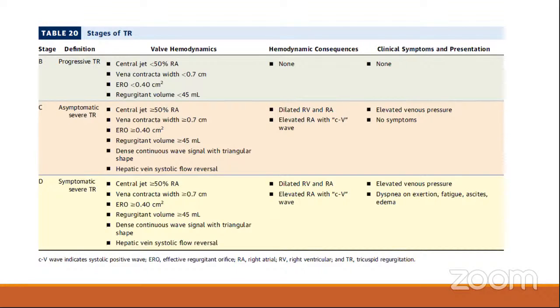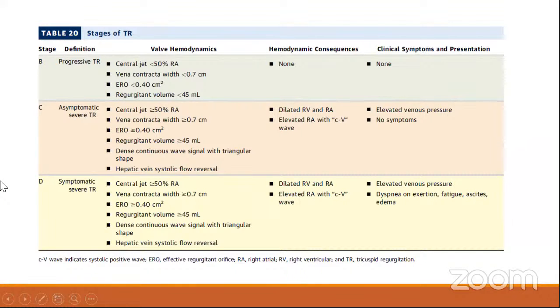There will be a dense continuous wave signal with the triangular shape, and there will be a hepatic vein systolic flow reversal. Hemodynamically, you will have a dilated RV and RA, and elevated RA with the C wave. In this stage, the patient can have elevated venous pressure, or he can come with no symptoms.